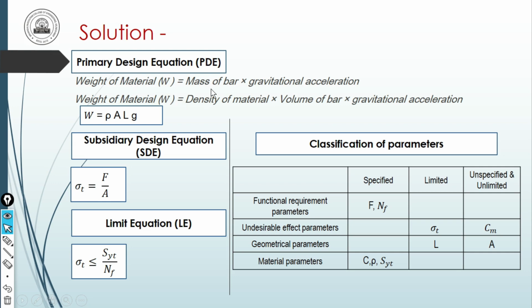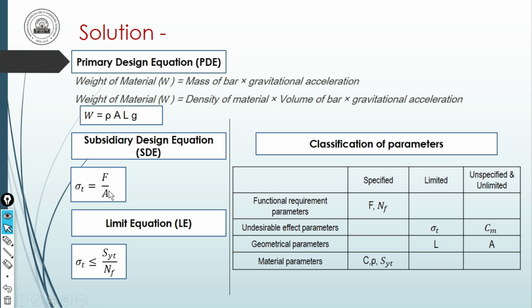Now here mass again can be written as density rho into volume, but again volume is nothing but your area into length. Since it is a bar, area into length is your volume. So the PDE here is W is equal to rho A L into g.